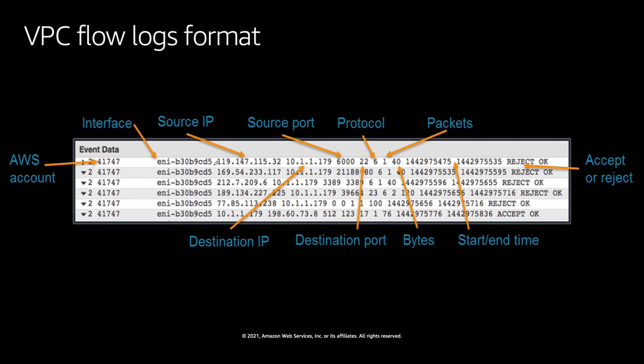Then you have the interface ID, the source IP address, the source port number, the destination IP address and the destination port number, and then it says which protocol, how many bytes have been sent, what is the time, and accept or reject, right? So it's not very exhaustive. It's quite readable, and all this data is saved in S3 or CloudWatch, whatever you have defined while creating the flow log. But this is how the entry would look in S3 or CloudWatch.